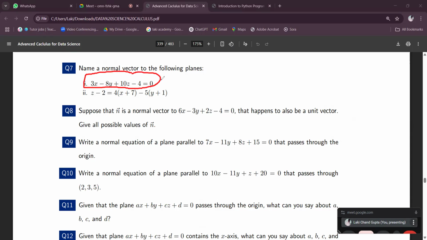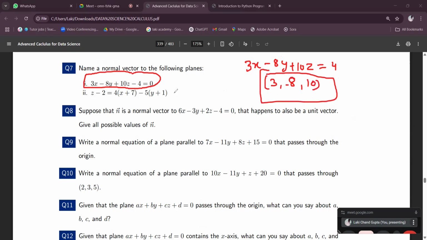What is the name of this vector? This is what basically. Similarly, you can find for this, right? 4x plus 7.